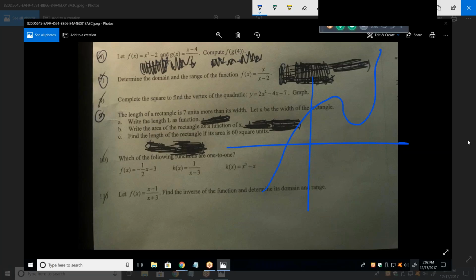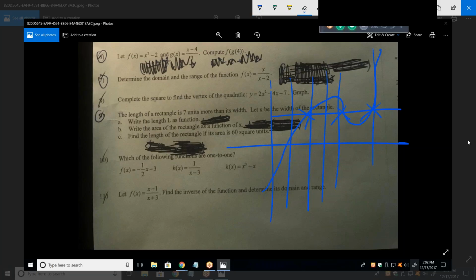Yes, it does. No matter where I draw a vertical line, it only passes through one value of y. So it's definitely a function. Does it pass the horizontal line test? No, because a horizontal line goes through that point, and that point, and that point. So it definitely does not pass the horizontal line test.